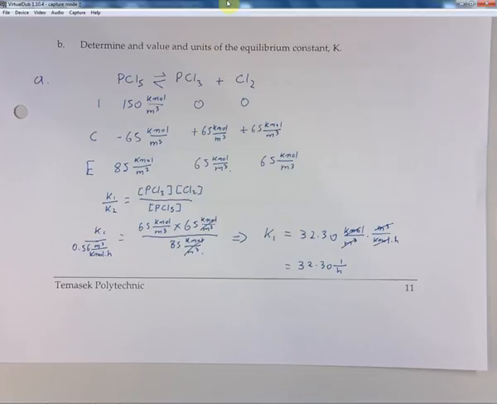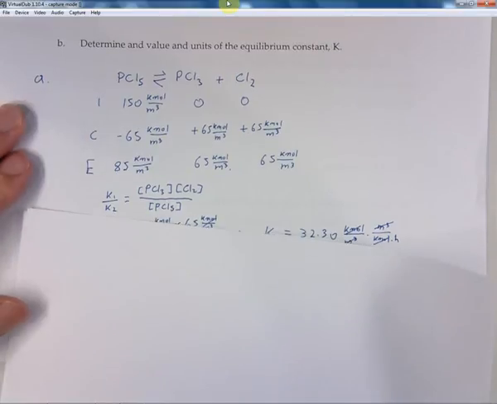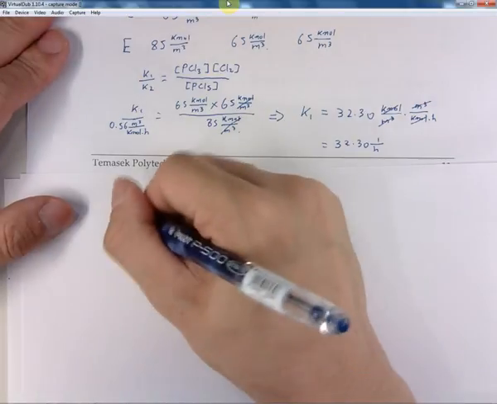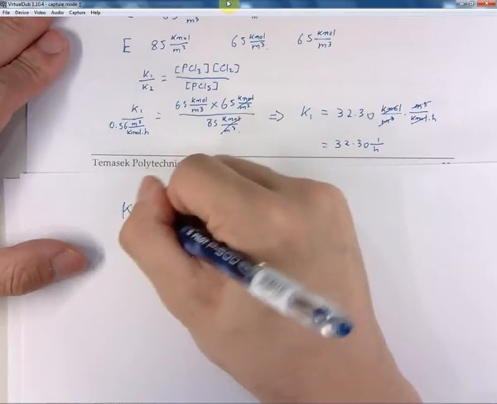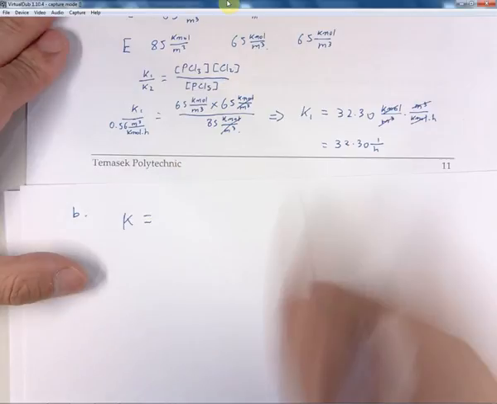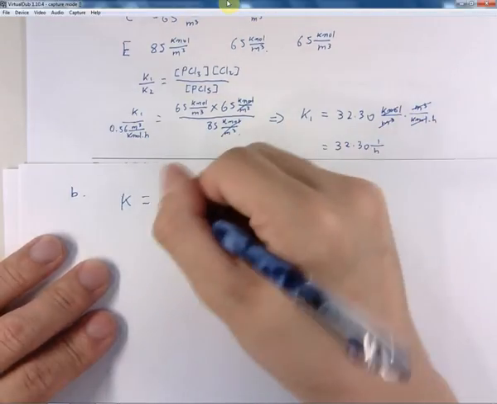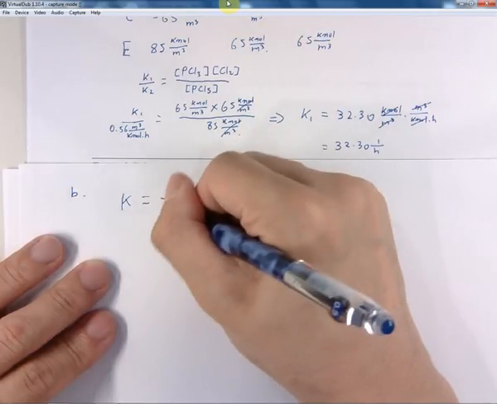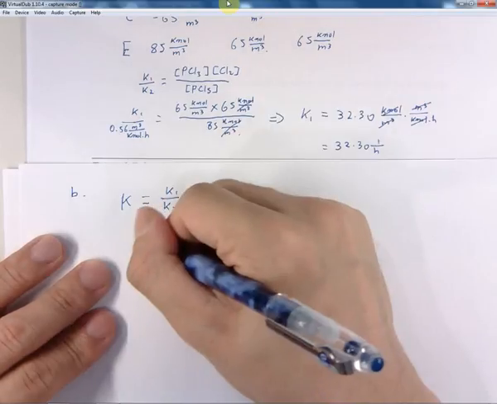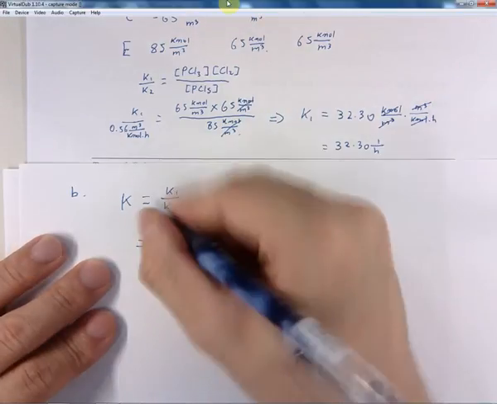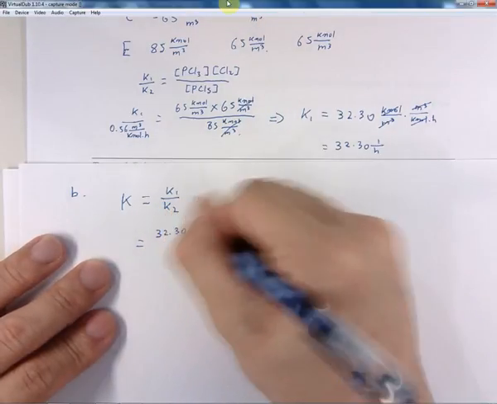Okay. Now we are supposed to determine the value and unit of equilibrium constant K. So from here, equilibrium constant K, as we've seen from what we have derived earlier on, K is K1 divided by K2, and K1 we have calculated to be 32.30 per hour.